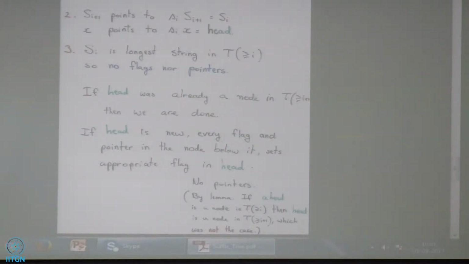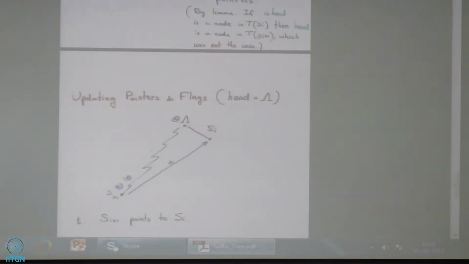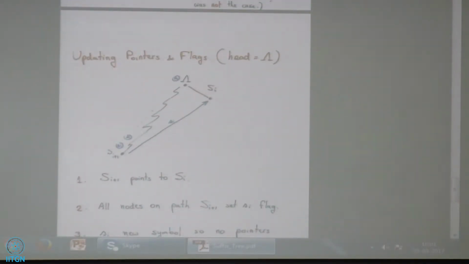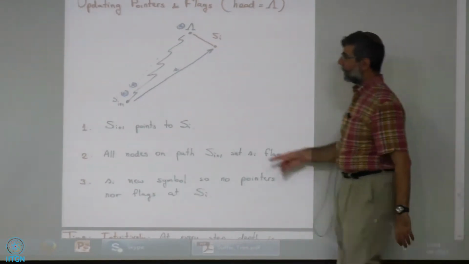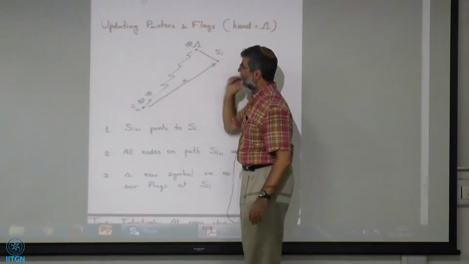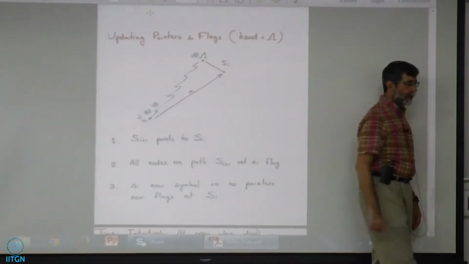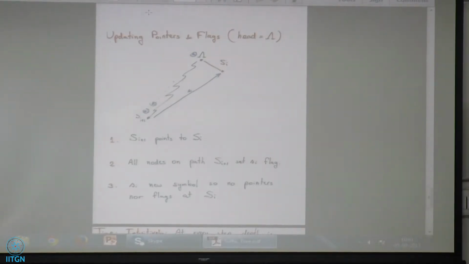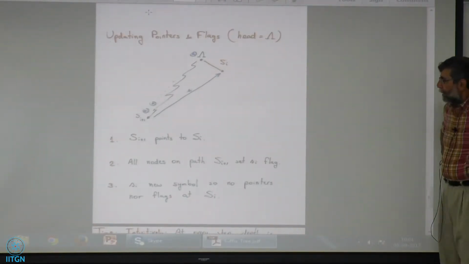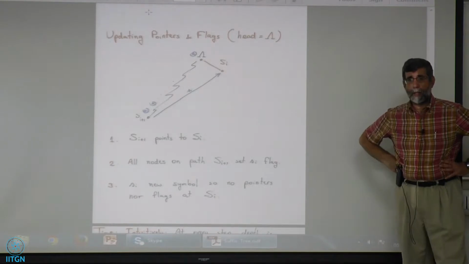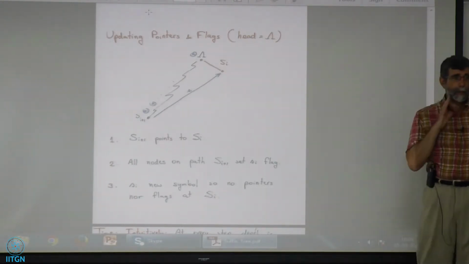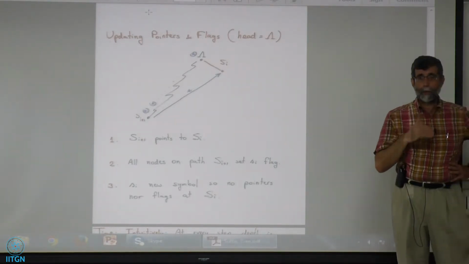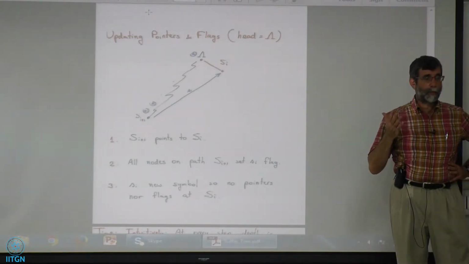So, in the case where the head was empty, then it's easy because you just add flags all the way to the top. Now, notice that adding all these flags is really a lot of work, but it's a constant amount of work relative to the running up that we did to find the original flag.